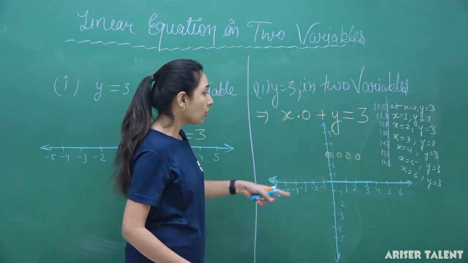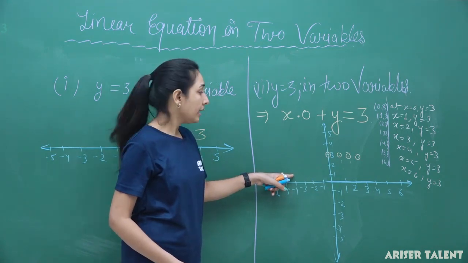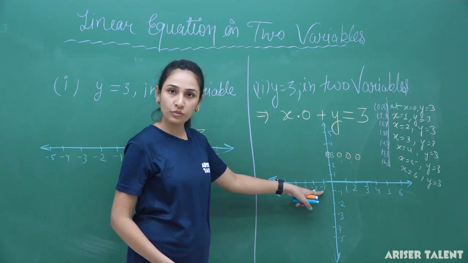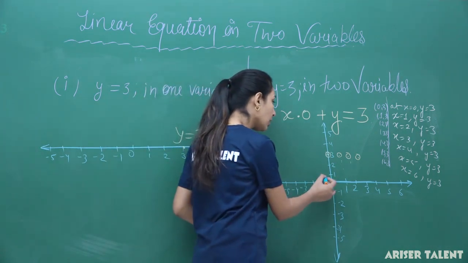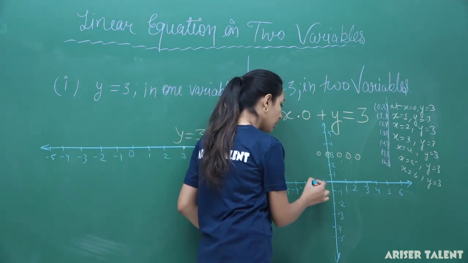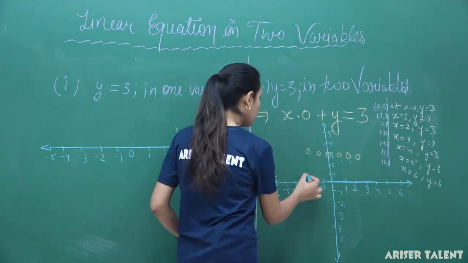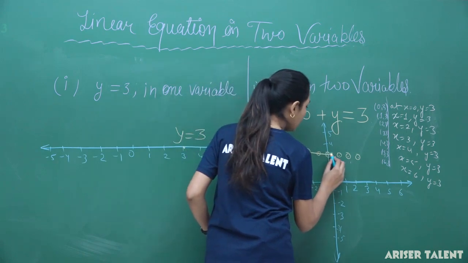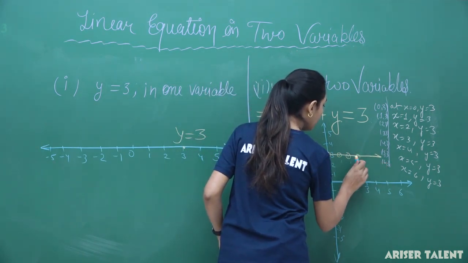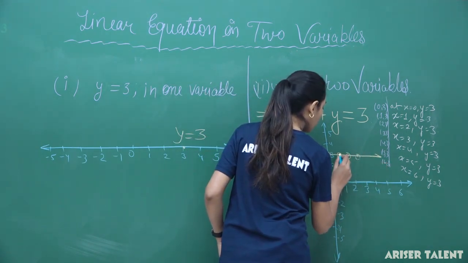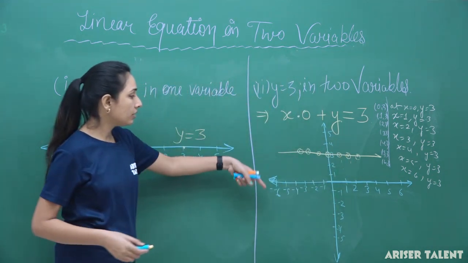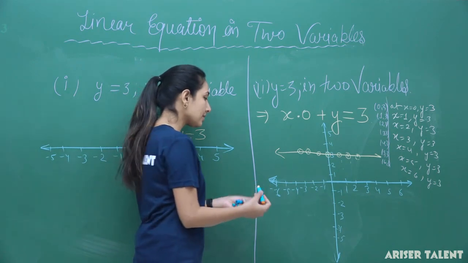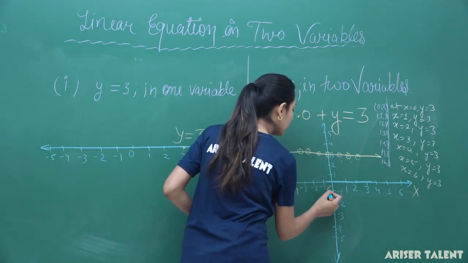Similarly, if I go this side and take x as minus 1, y is still 3, minus 2, 3 only, minus 3, 3 only. That means when I draw this line, it will be parallel to the x axis.